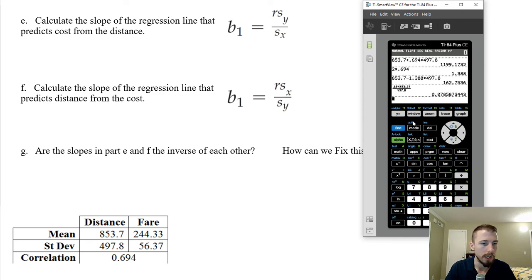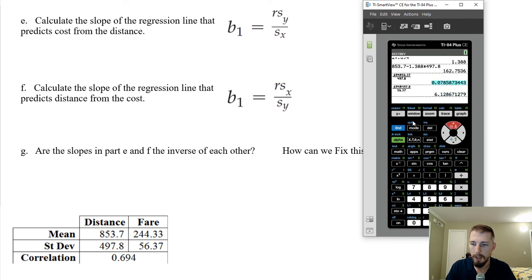And then we want to calculate the slope of the regression line that predicts the distance from the cost. So we're going to do the same thing. The only difference is we're going to switch the standard deviation. So now we're going to do 497.8, and then on the bottom, this is where we're going to do 56.37.